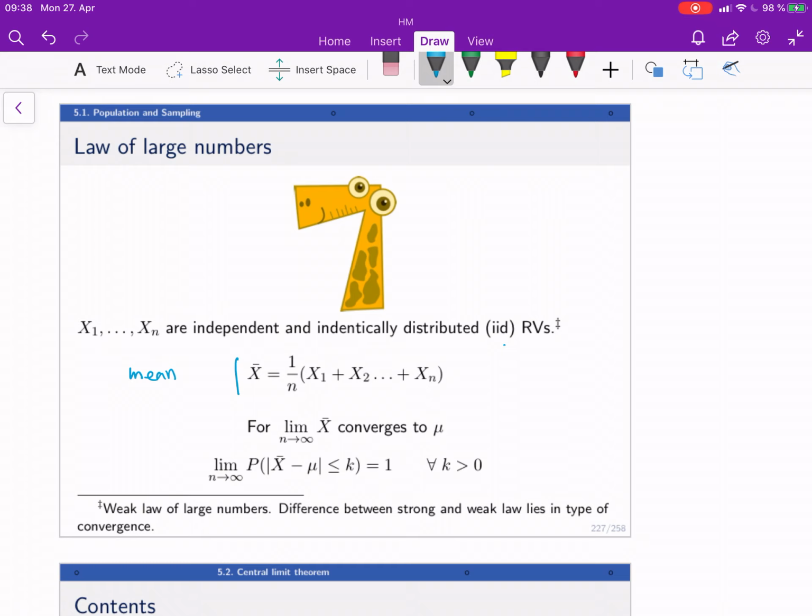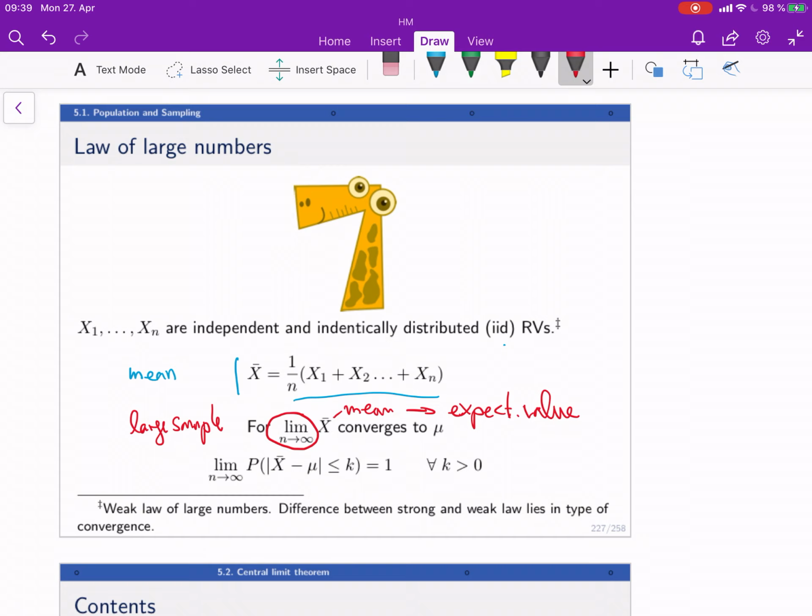The mean value of my random variable is the sum divided by n. Then the law says that if we have a large enough sample, so if we go n to infinity, then the mean value converges to the expectation value. So as long as the sample is big enough, we don't need to worry that there's a little error in it.